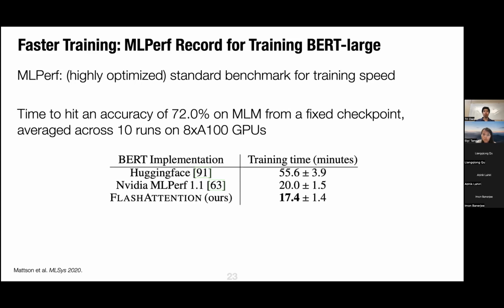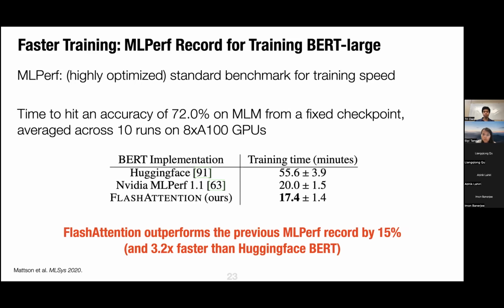But surprisingly, FlashAttention can be even faster than the previous MLPerf record by 15%. So it is really exciting for us. We're also 2.2x faster than Hugging Face BERT. So if you're training BERT and you're using the Hugging Face implementation, you're leaving around 2x performance on the table.